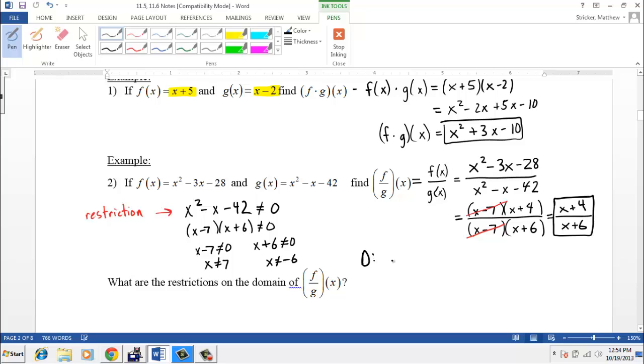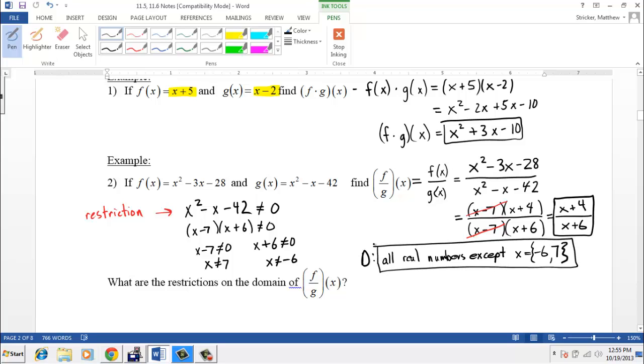So the domain is all real numbers except x equals negative 6 and x equals 7. So there are restrictions on these sometimes. There's my restrictions.